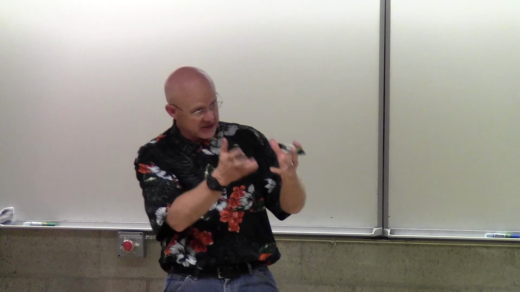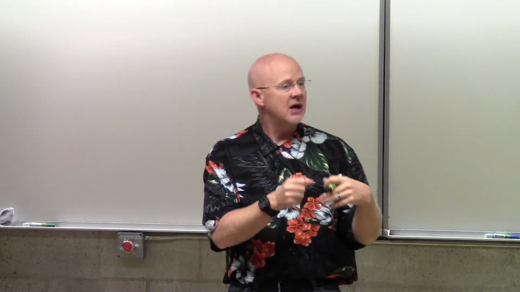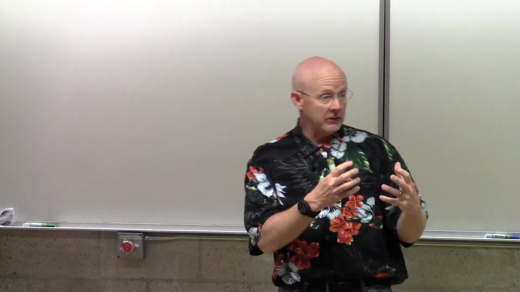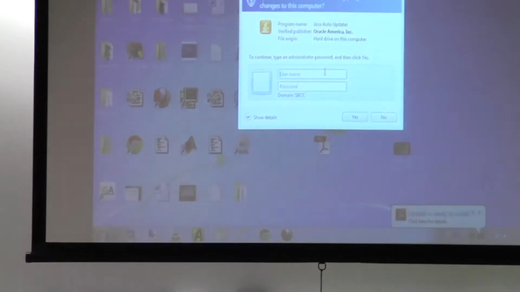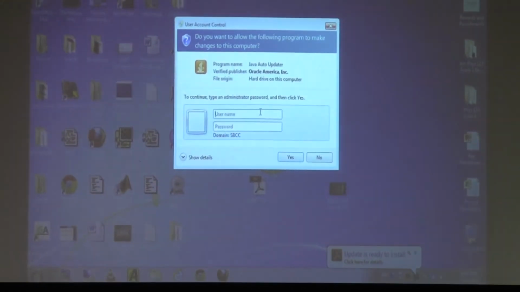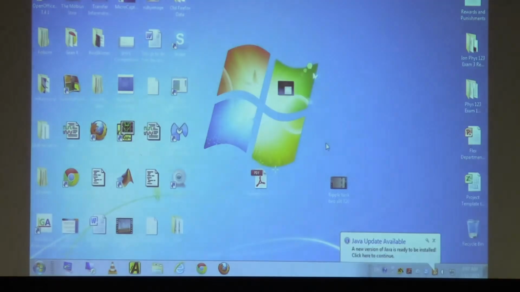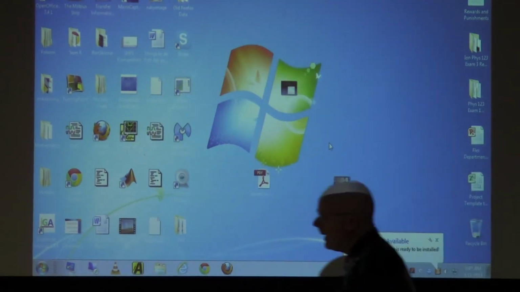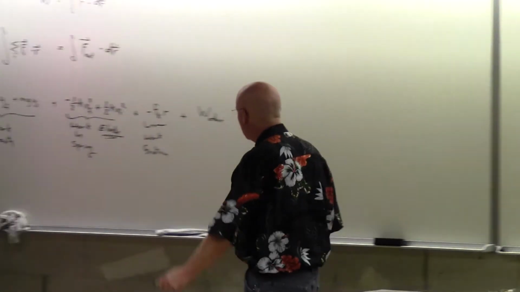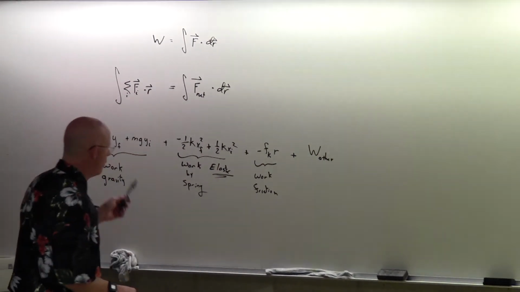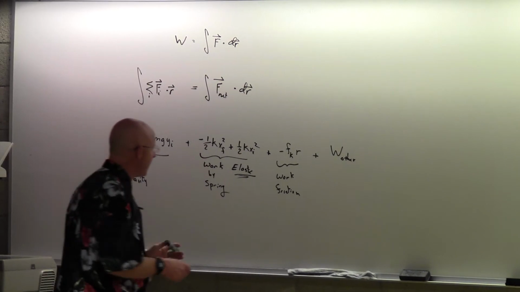So there's an example of another force besides a spring and besides gravity. We might call that later on a chemical energy. Let me adjust this as we get started here. Let's see, and I think that covered everything. 1, 2, 3. Yeah, I think that was it.